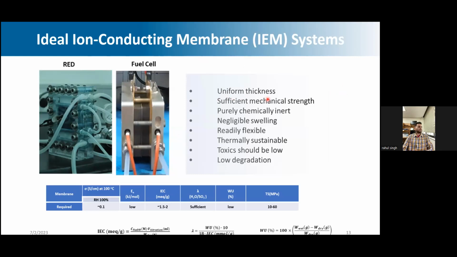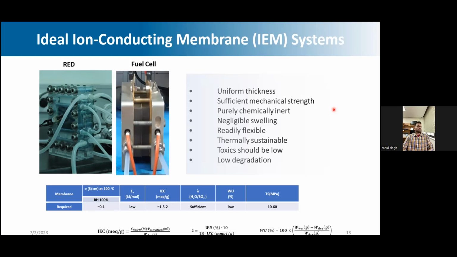To make this ion conducting membrane, one should look into these parameters. The thickness should be maintained very uniformly so that it can ideally transport the ions from one electrode to another. Mechanical strength should be high; as I mentioned, the mechanical strength of these polymer chemistry based membranes is very good in comparison to conventional membranes.